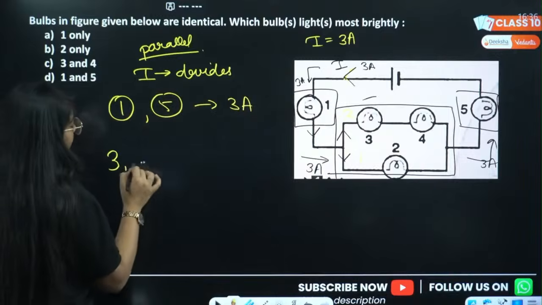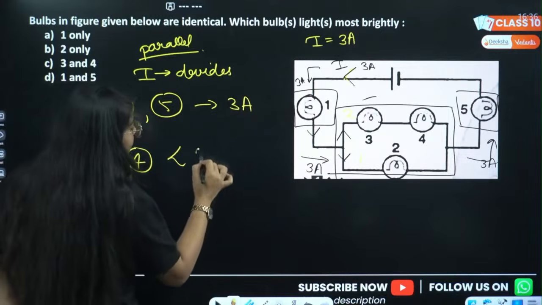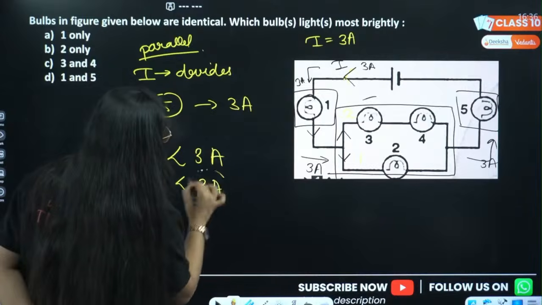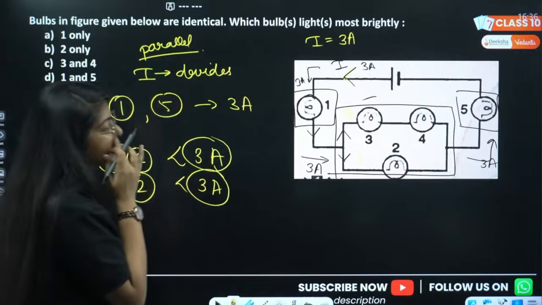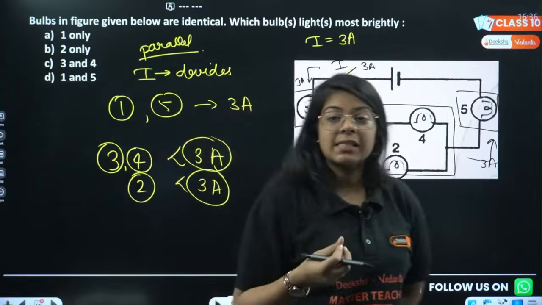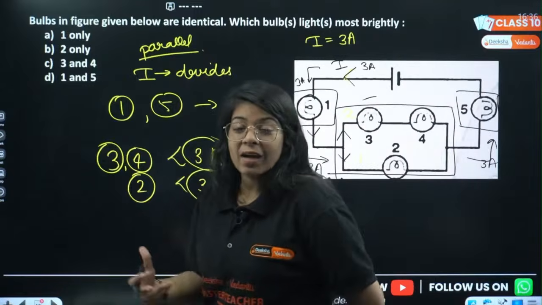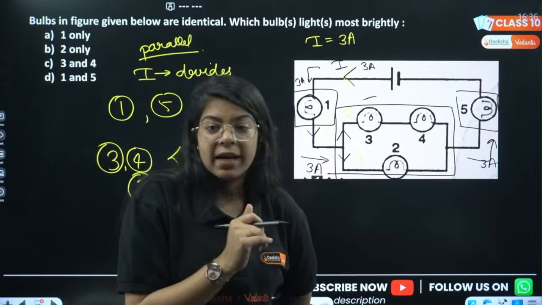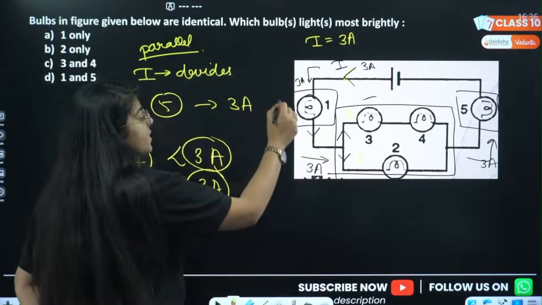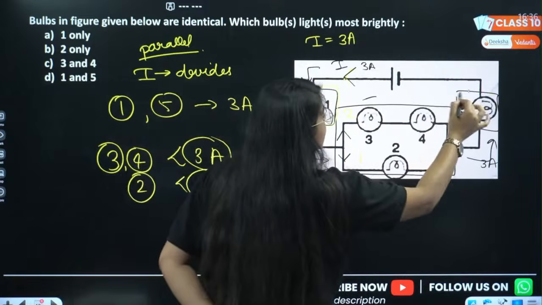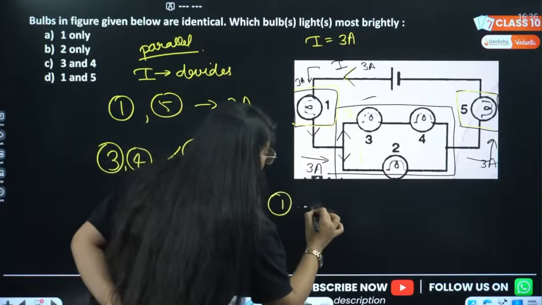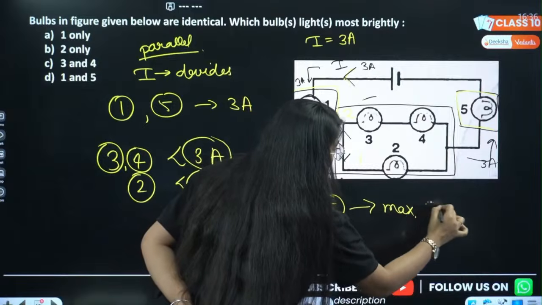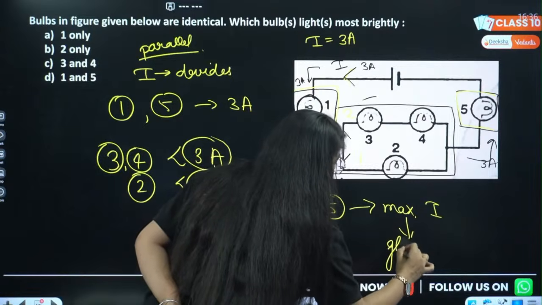So for 3 and 4, let's say we are getting less than 3 ampere, and for 2 also less than 3 ampere. If we are getting less current, then they won't glow with that much brightness. Understood? So first and fifth is the answer, because they are getting the maximum current, and hence they will glow the brightest.